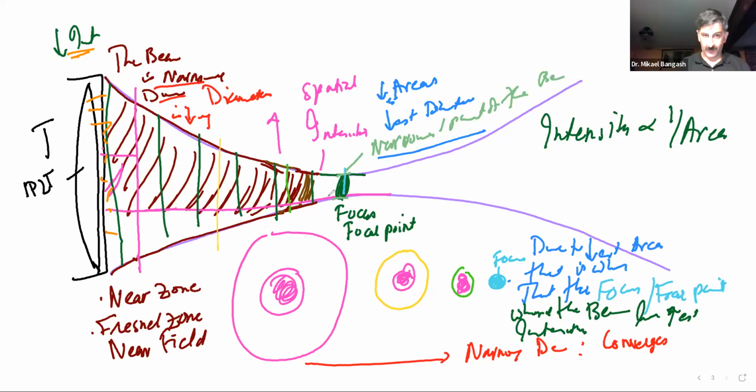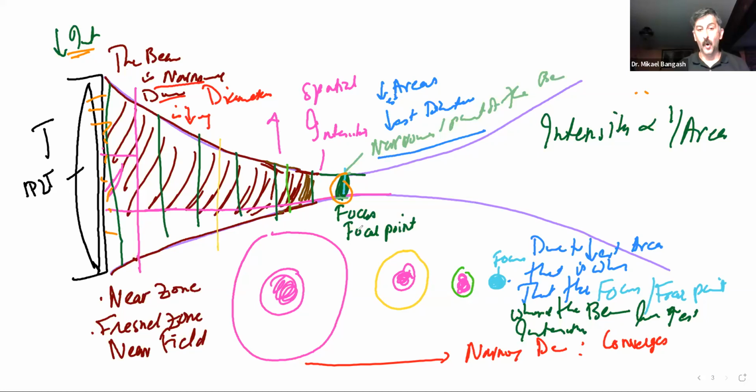But since the area here becomes lesser, or we can say it's the smallest area of the entire beam, where we'll have the same amount of energy distributed, that's going to cause this to be the area of the greatest intensity.